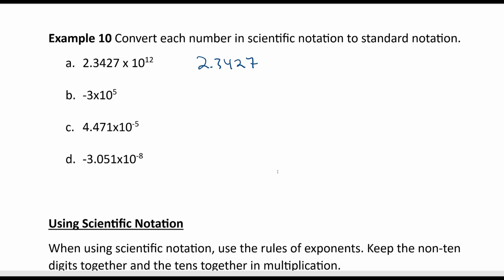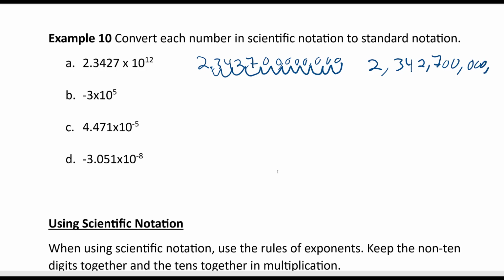We're going to move it 12 places. 1, 2, 3, 4, 5, 6, 7, 8, 9, 10, 11, 12. Just filling in some zeros here. So there's going to be a comma here, comma there, comma there, comma there. So 2,342,700,000,000.